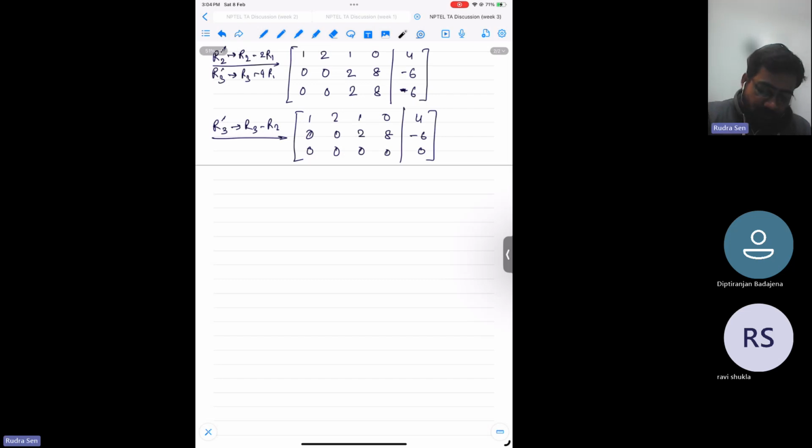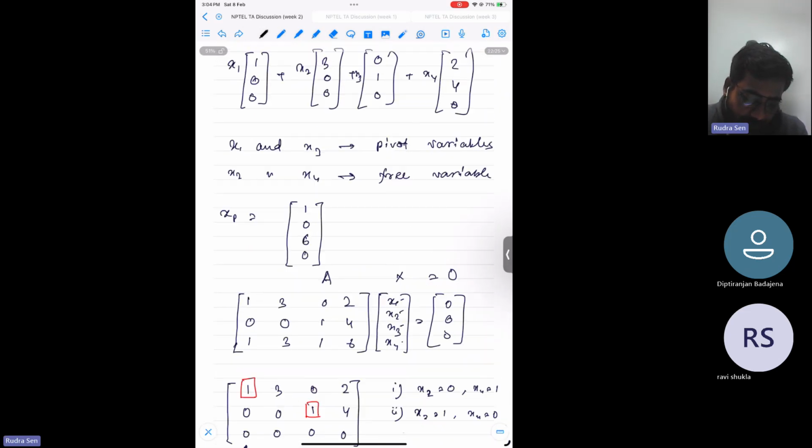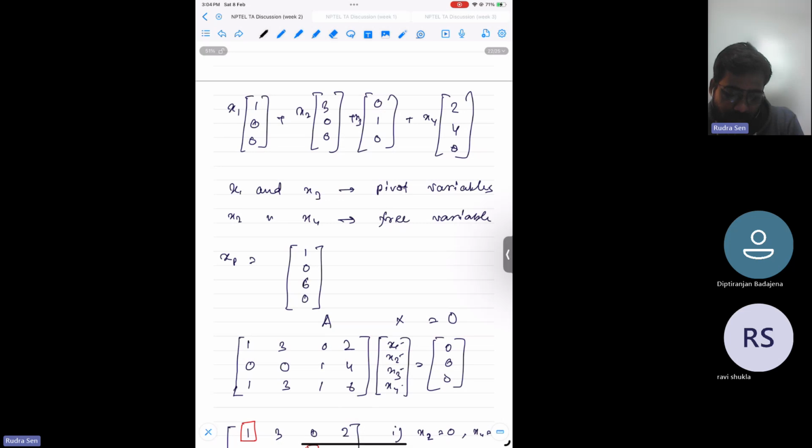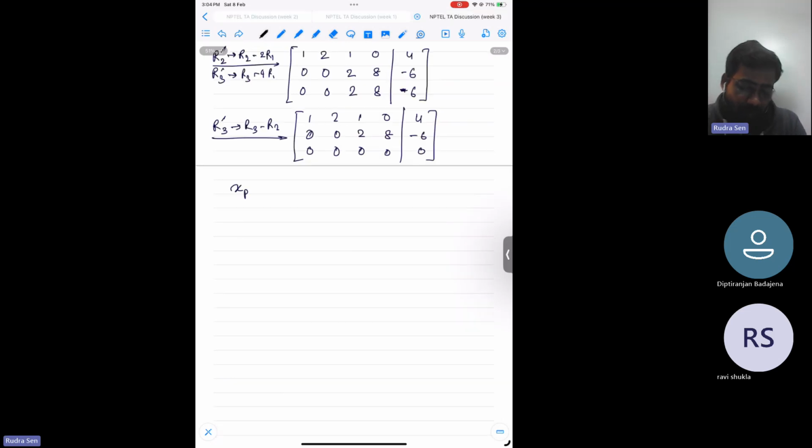The first thing we have to do is find the particular solution. How do we find it? As we said in the previous week, for a particular solution we choose the free variables to be 0 and solve for the pivot variables. Here, this is the pivot variable for the first row, and this for the second row.